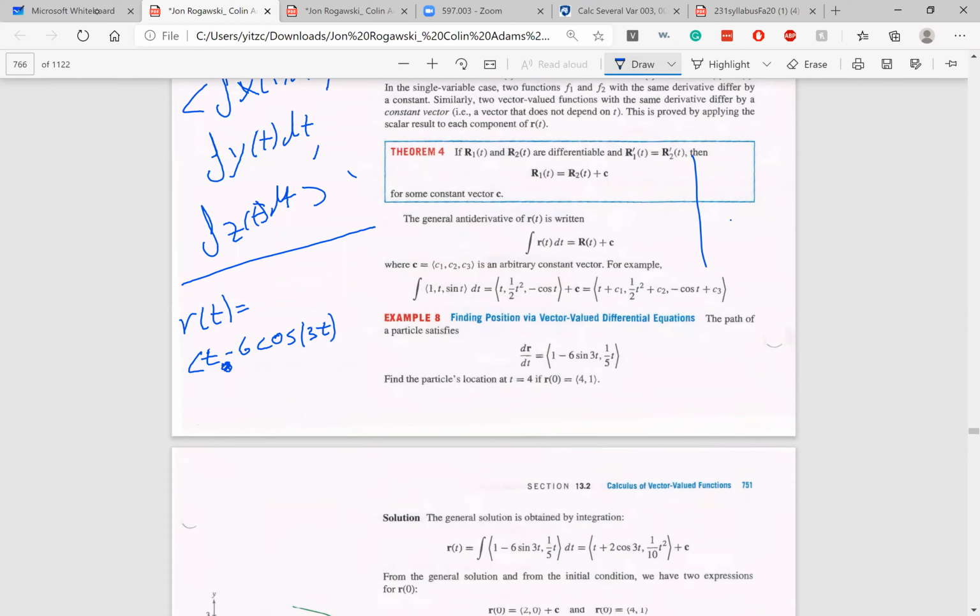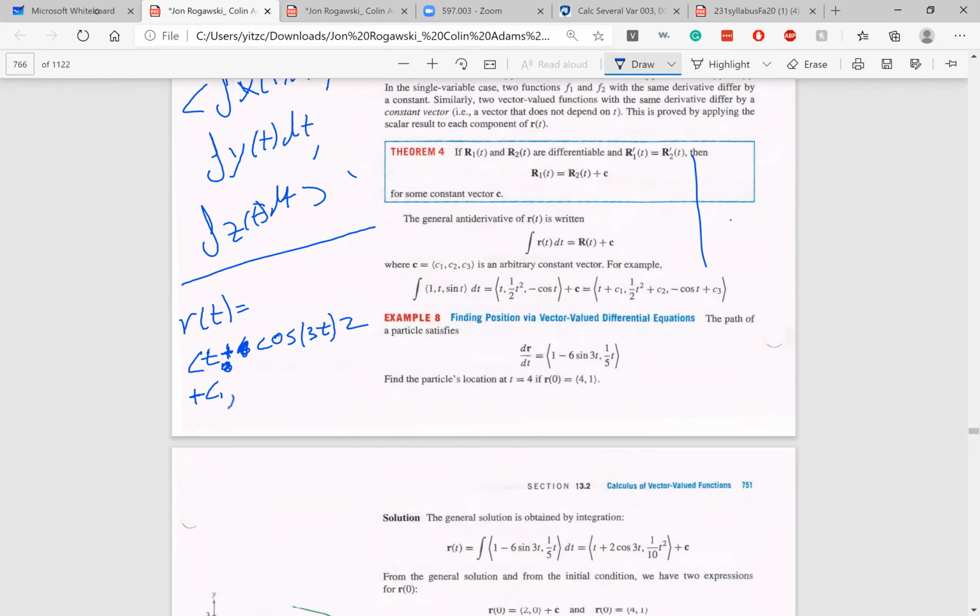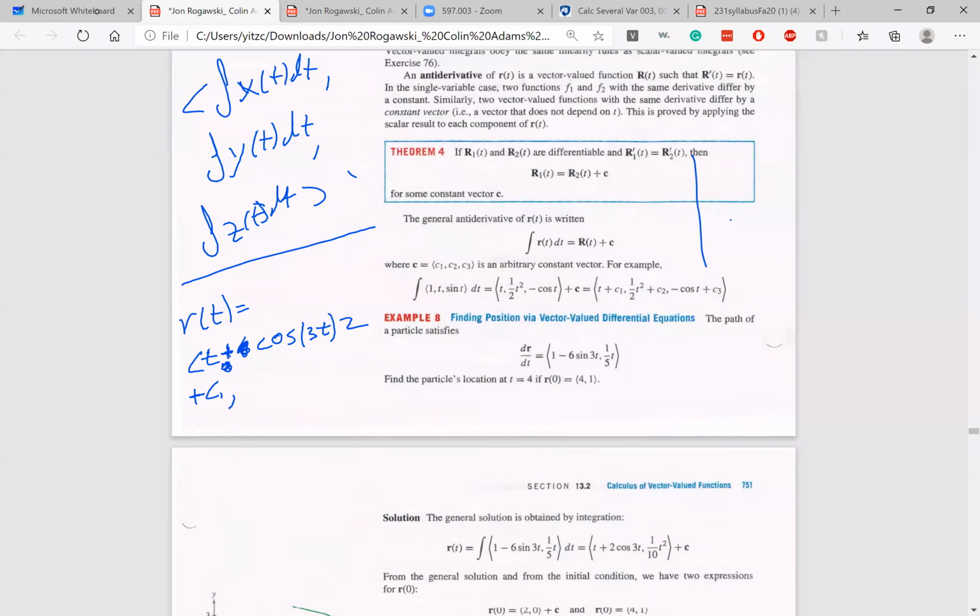If you take the derivative, 3 would come out, so this is 2. Then that's that plus some constant, let's call it C1. For the second component, we are going to have t squared over 10, plus C2.